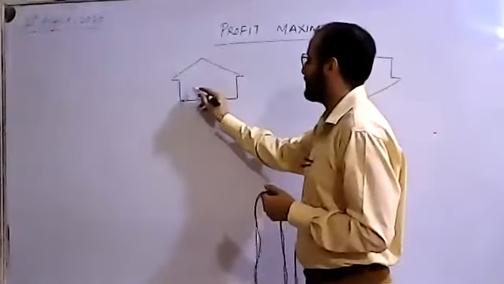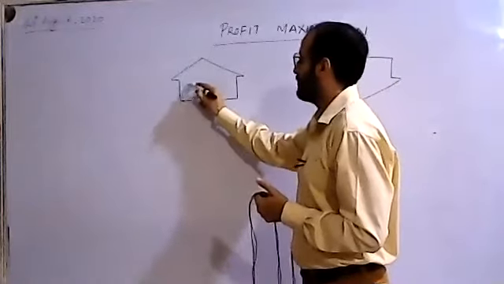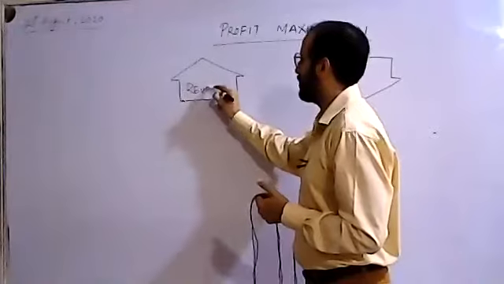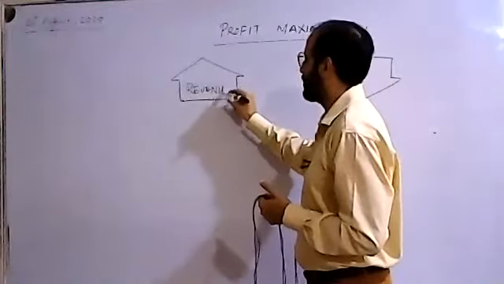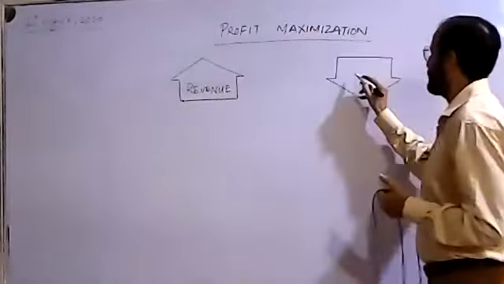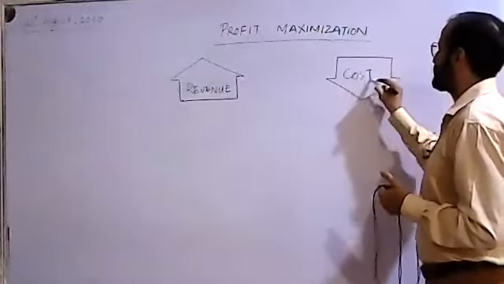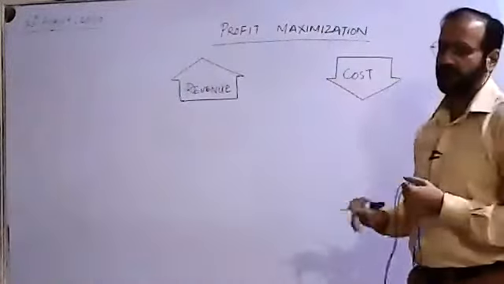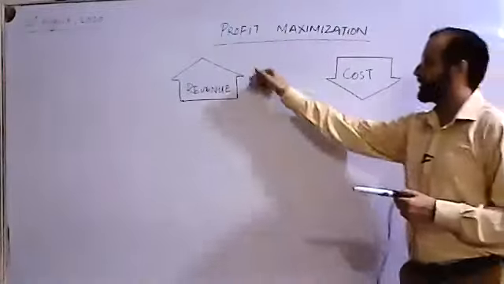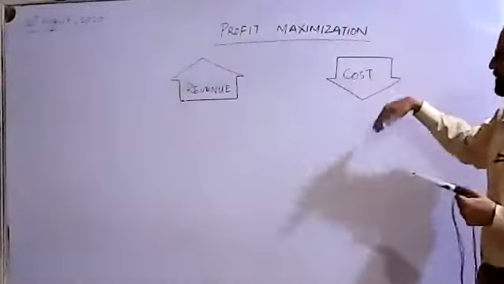Yes, it is either the revenue or the other one, the cost. You may be surprised why I have made these arrows, one showing an upward sign and one showing a downward sign.